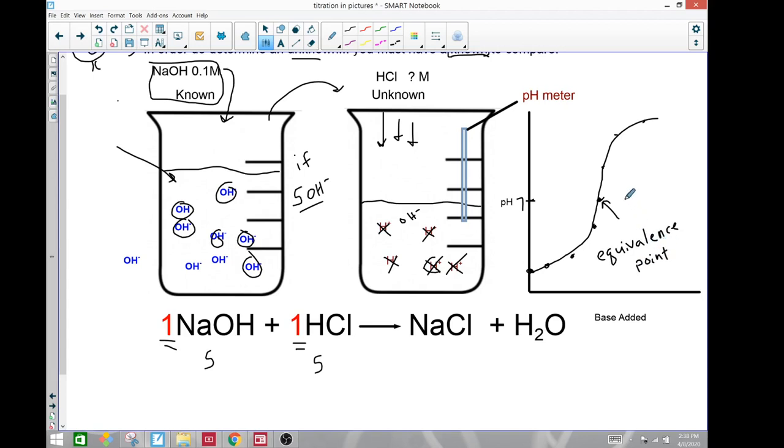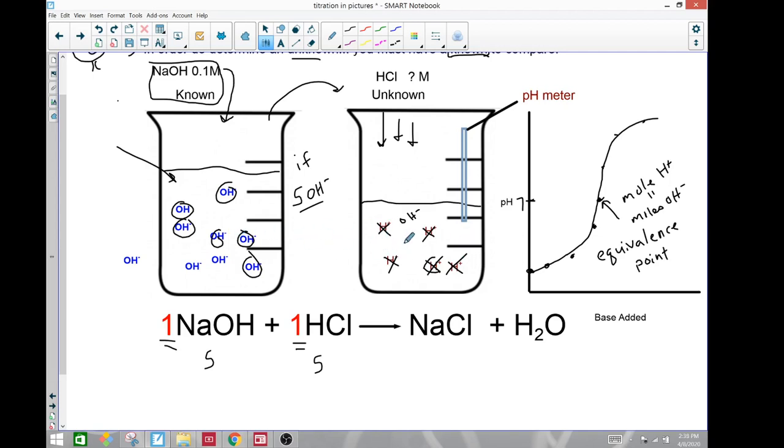And that's where the moles of your H plus equal the moles of your hydroxide. They're matched. Now again, if I kept going, I'd just have more and more hydroxide collected, and my experiment essentially is over. So this is a visual of what is happening here.